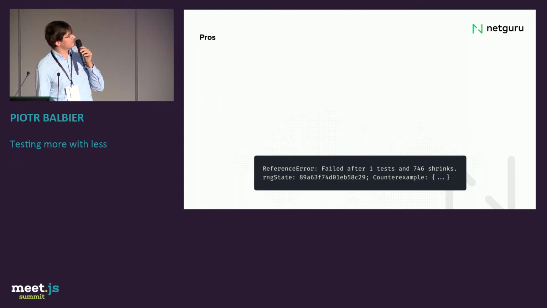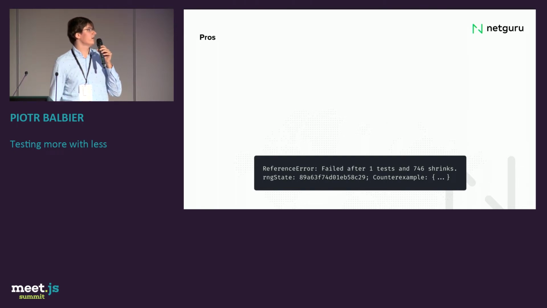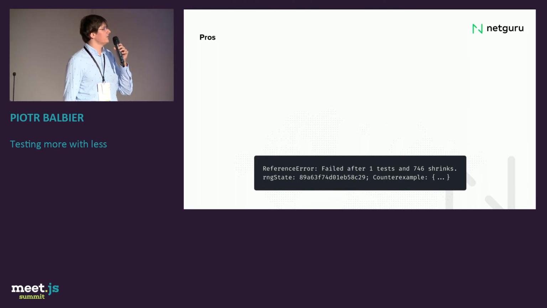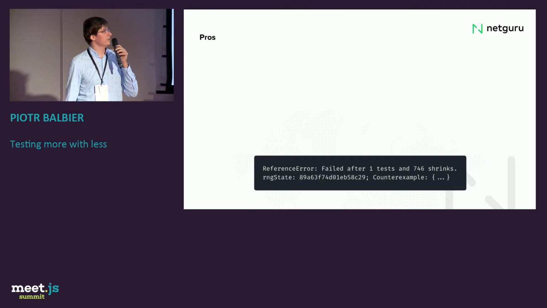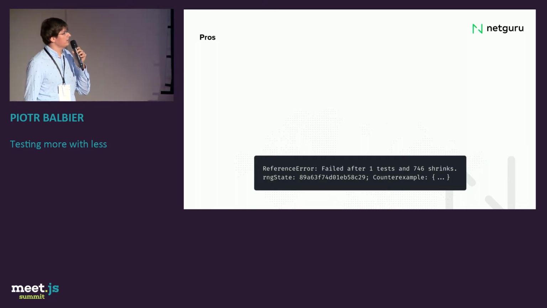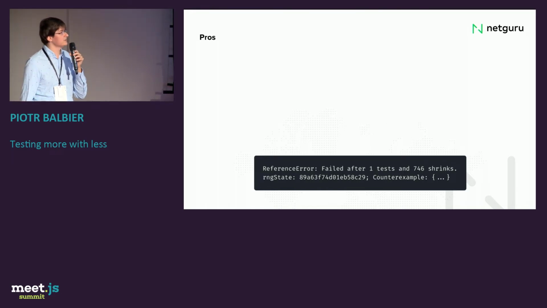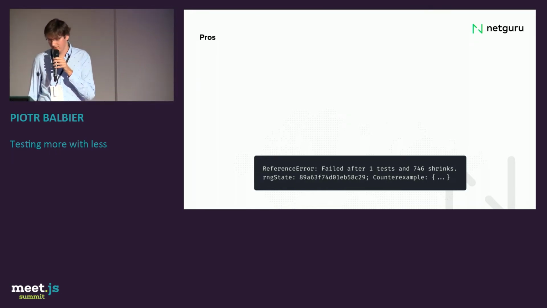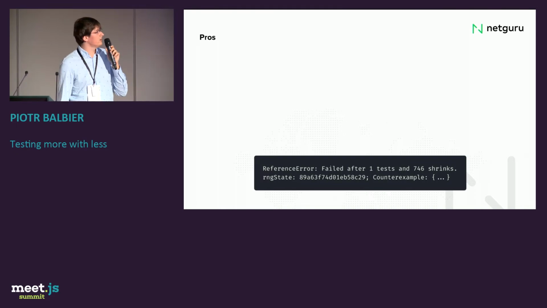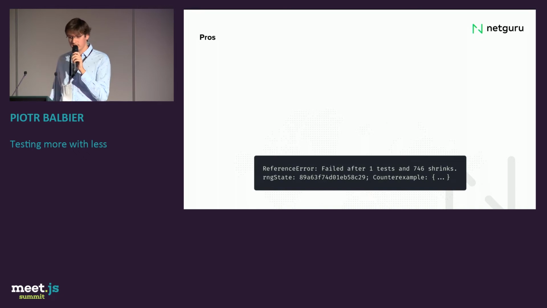So yes, here's a case from one of our tests that we use in an application in one of our projects in the company, and it found an error after only one test, and then it found another 746 failing cases, and it presents a counterexample, which is this failing case. In this case, it's just 3 dots, but in the original printout, it was actually the whole object that was failing.